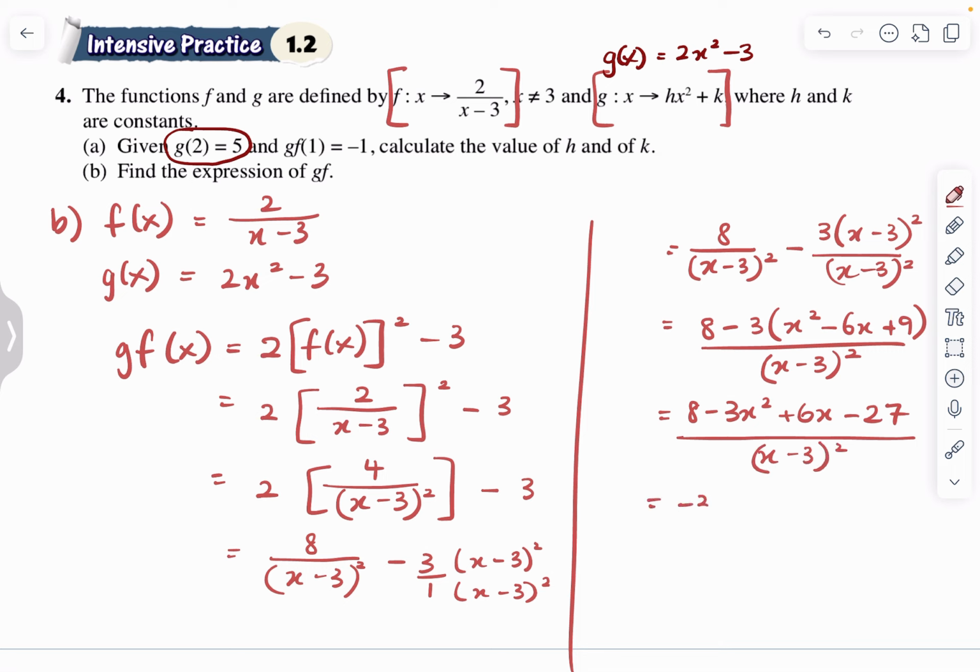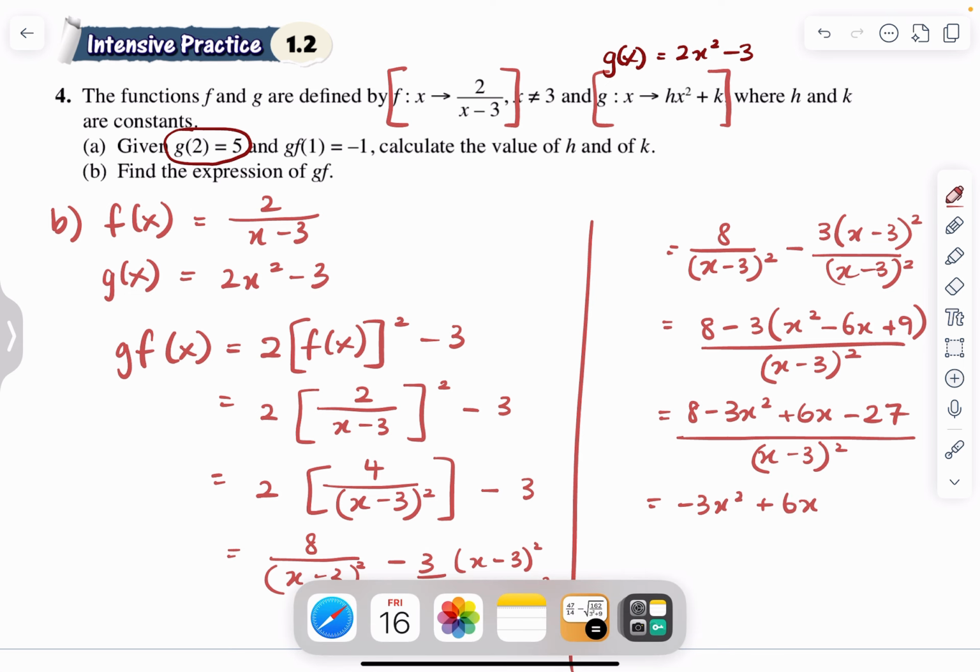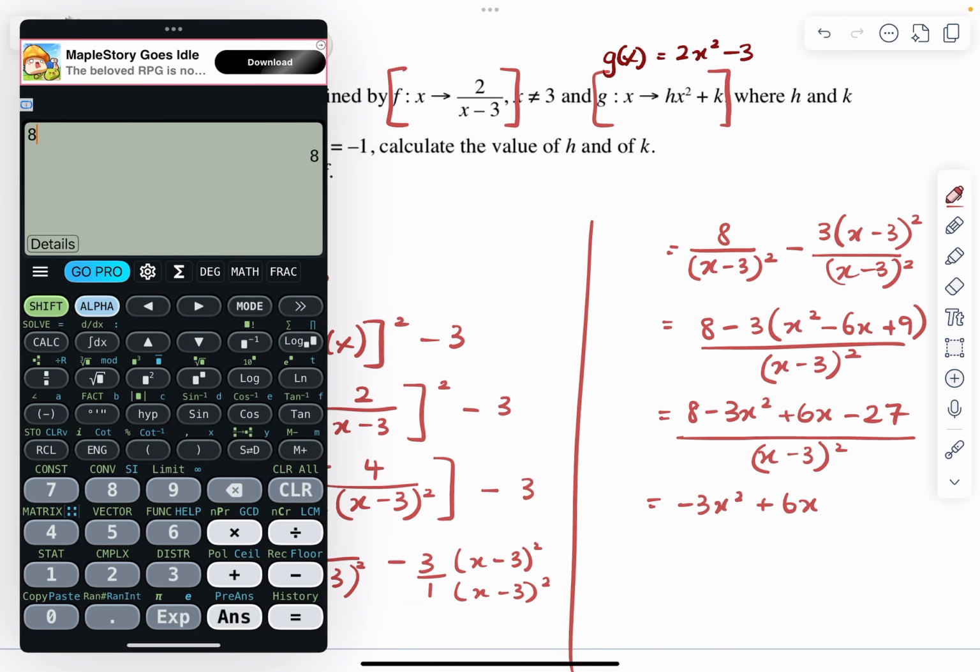So let's rewrite this: minus 3x² plus 6x, 8 minus 27, you can just do it in your calculator, minus 19, divided by (x minus 3)².